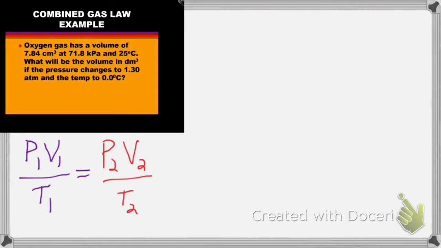So P1 is going to be 71.8 kPa, and V1 is 7.84 centimeters cubed.